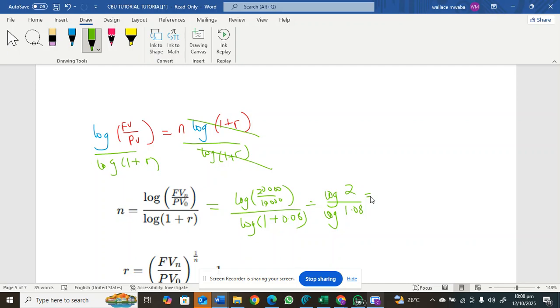Okay, so what is log 2? 0.301. Then log 1.08 is 0.033.